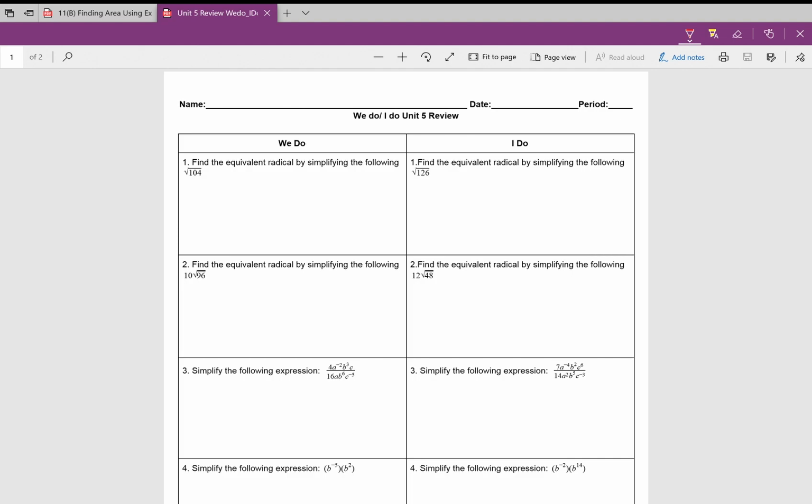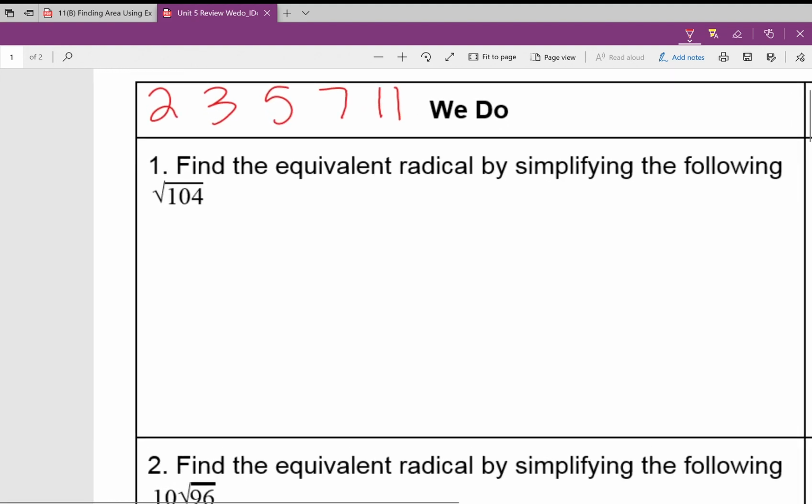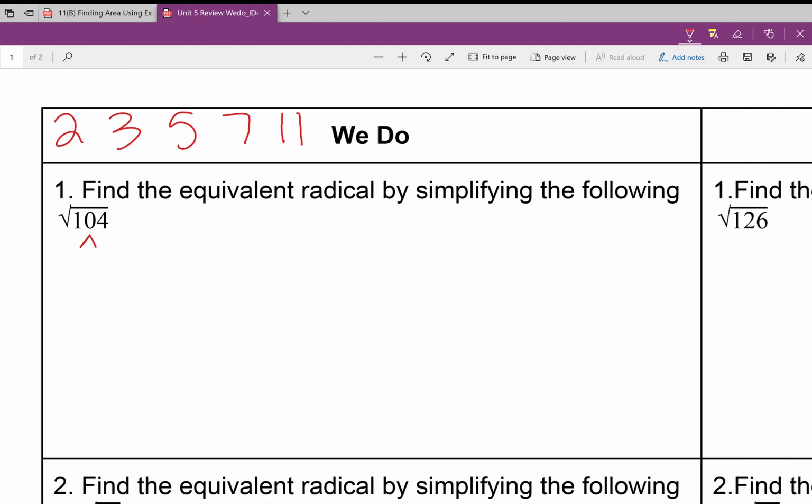So remember when we're simplifying radicals, we use the factor tree. And remember our prime numbers for the factor tree are 2, 3, 5, 7, and 11. So if we're starting our factor tree here, out of those prime numbers, 2 goes into 104 52 times.